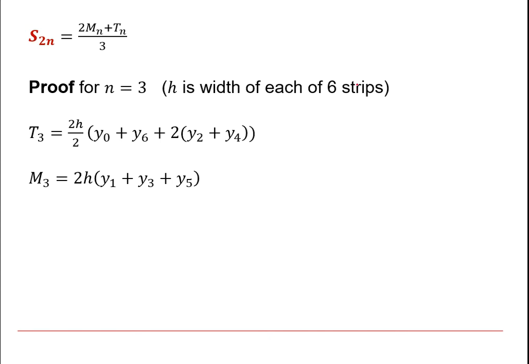Now, when we were deriving the formula for Simpson's rule in the last video, we had three quadratics that we were finding the area under, and each quadratic was associated with two strips.